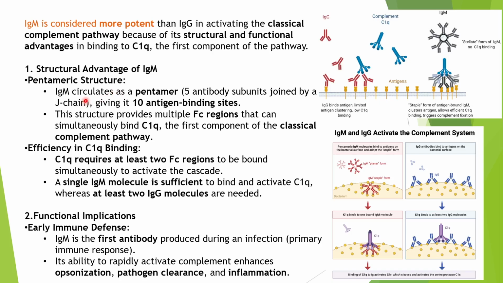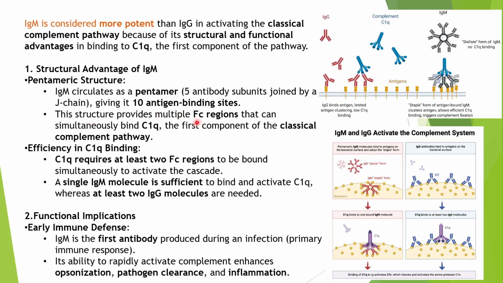So, pentameric structure: it circulates as a pentamer. Five antibody units are joined by a J chain, giving 10 antigen binding sites. So basically antigen binding sites are more. It can effectively bind and stimulate C1q.